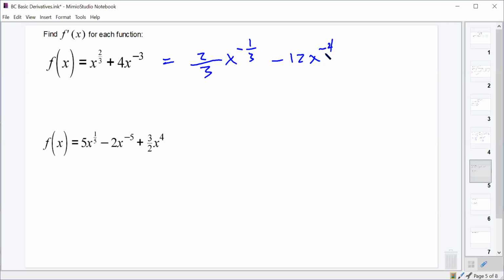Good? And this bottom one should be x to the negative 4/5 plus 10x to the negative 6 plus 6x cubed. Easy and straightforward.